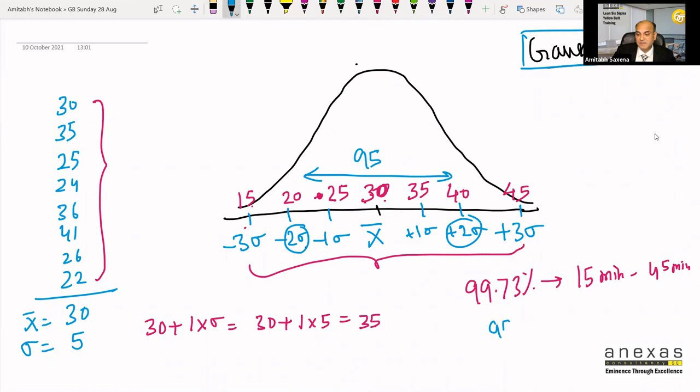So 95% of the patients are waiting how much time? 20 minutes to 40 minutes. So I'm 95% confident that if you go to the hospital, you will wait between 20 minutes to 40 minutes. So you are with me? Up to here, you are with me?